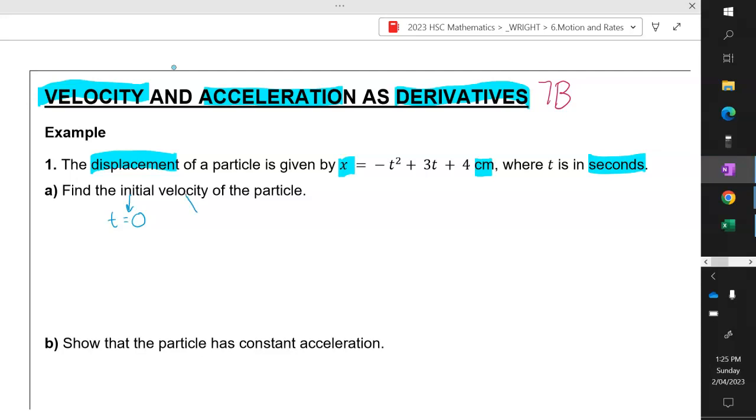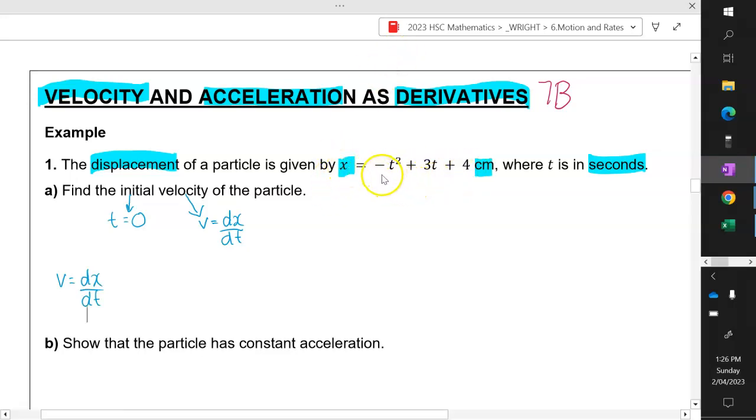And velocity was equal to the first derivative of displacement with respect to time. So in order to find our initial velocity, we need to find our velocity. So we have our x, so we need to find what v is. So v is going to be dx/dt. And if you do have a look at that, we do have x and it is in terms of t.